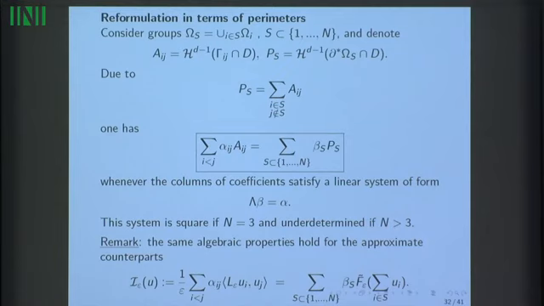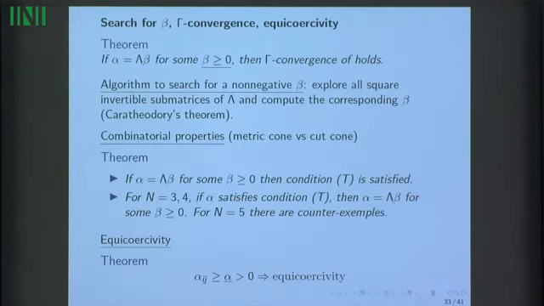It's a question of conical combination. If you want to be able to reformulate this interface energy in terms of some positive sum of perimeters, you need such positive coefficients, and you have conditions for that.